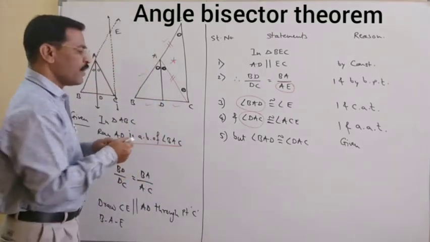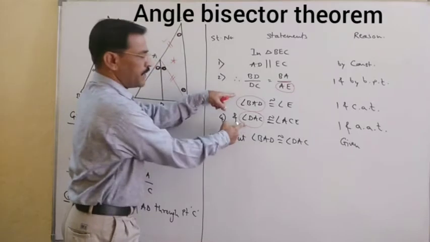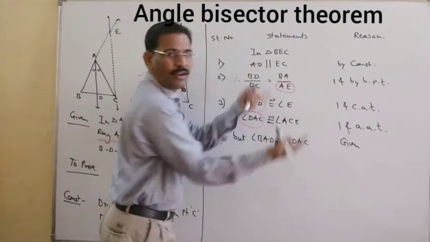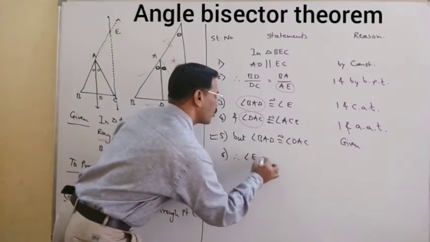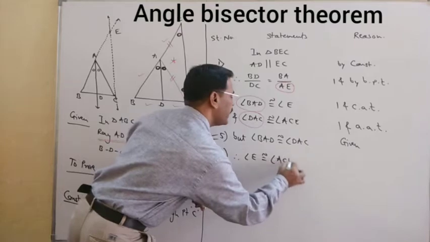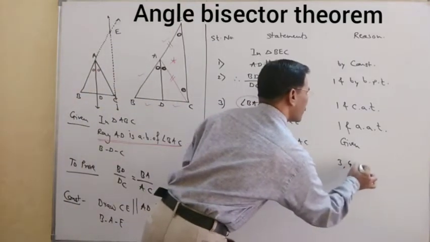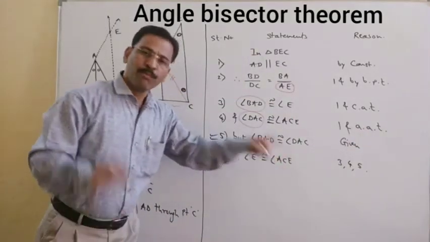Okay, so by using the fifth step, see here. Because these two are same, and these two are same, then we can write these two are congruent. So the next step, angle E congruent to angle ACE. This is from third step, fourth step, and fifth step. Now E and ACE, both these are congruent.